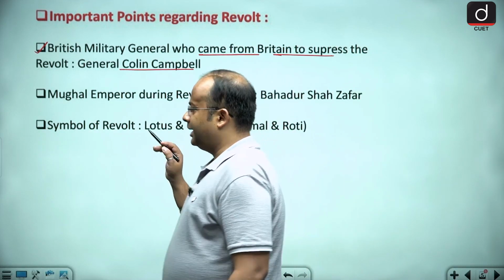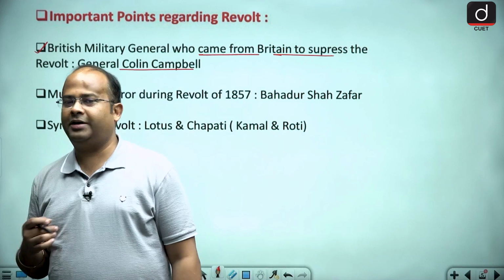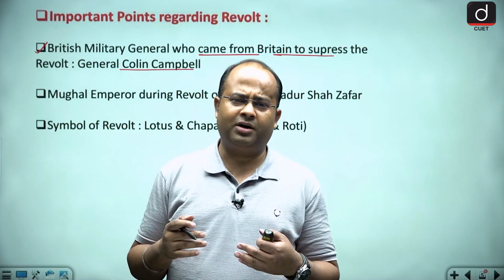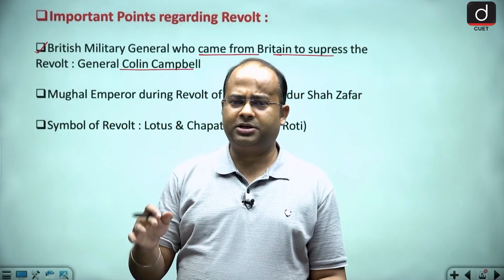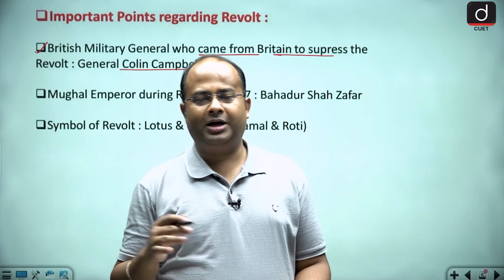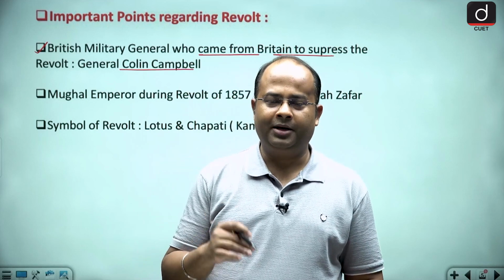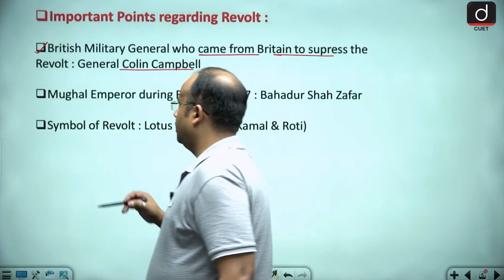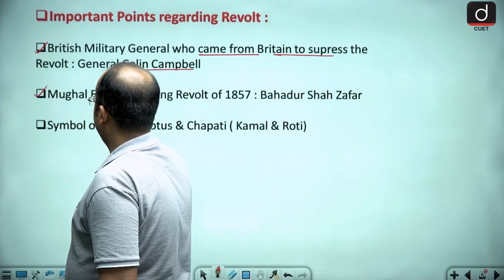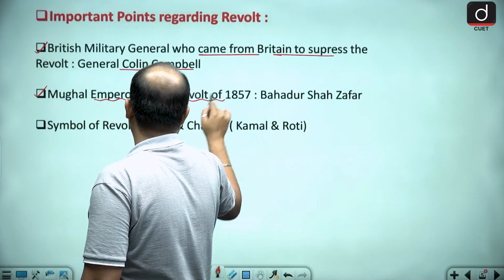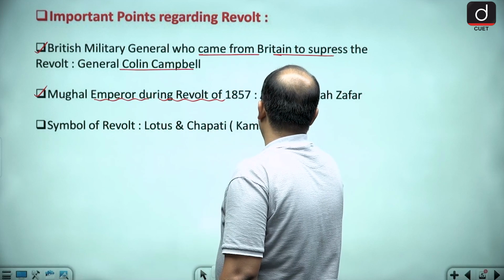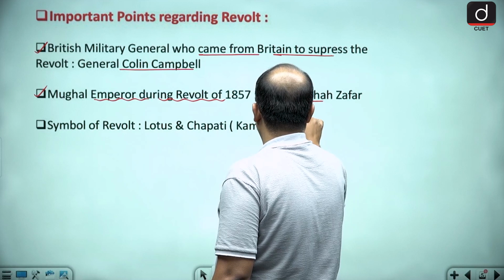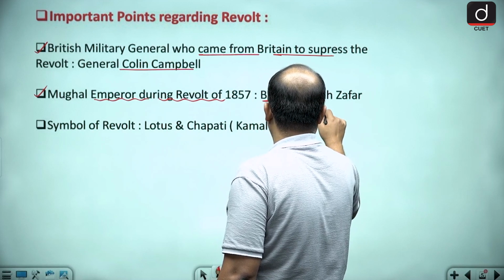Now guys, when the revolt of 1857 broke out, at that point of time the Mughal dynasty was ruling in India just in name, because the Mughal dynasty was about to end and the last Mughal ruler was ruling the area. So who was the Mughal emperor during the revolt of 1857? That was Bahadur Shah Zafar, and he ruled from 1837 till 1857.